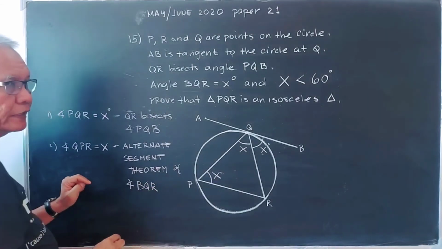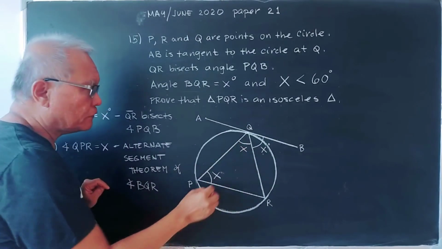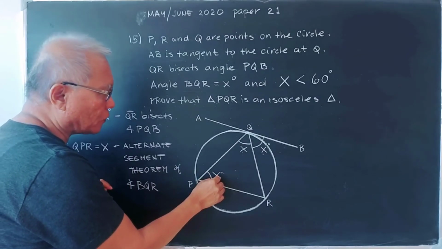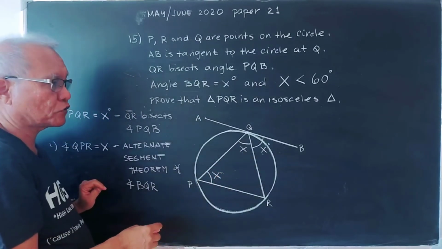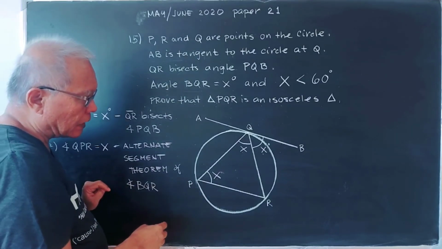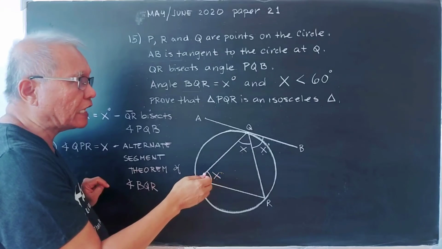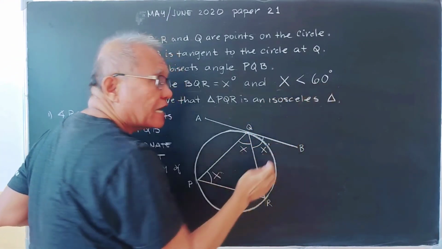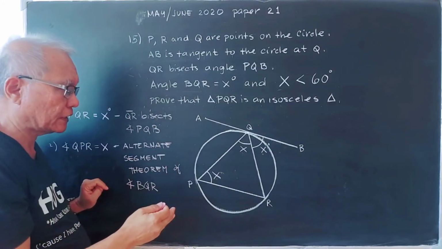Now, in this triangle, we have two angles which are equal. If we have two equal angles, therefore we have an isosceles triangle. It can't be an equilateral or equiangular triangle because our x is less than 60. So it can't be an equilateral triangle.